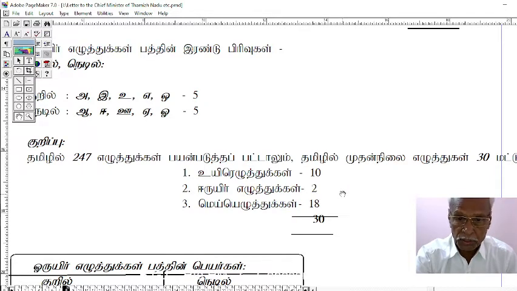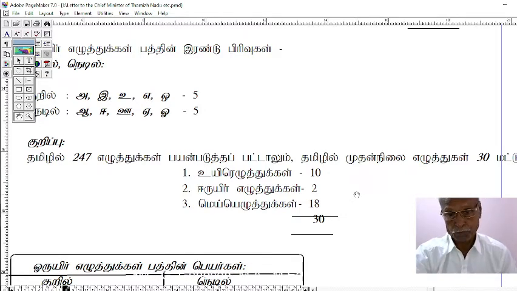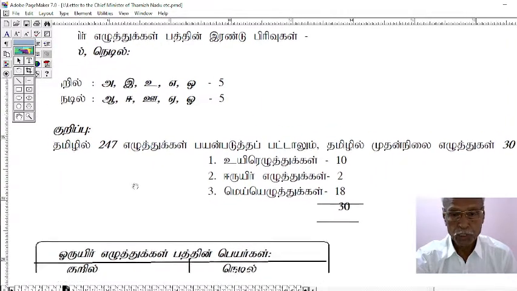In these 30 letters, 10 pure vowels and 2 diphthongs combine with these 18 consonants, forming 216 special compound letters. 216 compound letters.